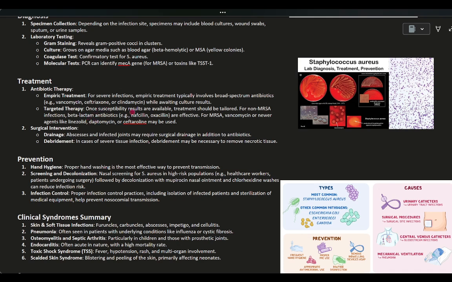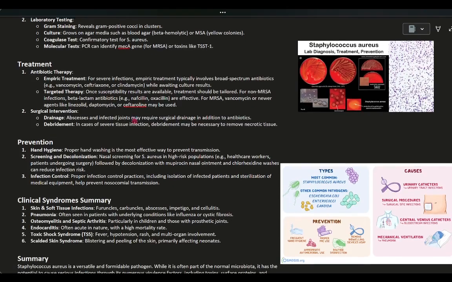Once we have the susceptibility results, we should tailor the treatment to make it more targeted. For non-MRSA infections, we can use beta-lactam antibiotics like nafcillin or oxacillin, but for methicillin-resistant forms of this bacteria, we need to use vancomycin or newer agents like linezolid, daptomycin, or ceftaroline.